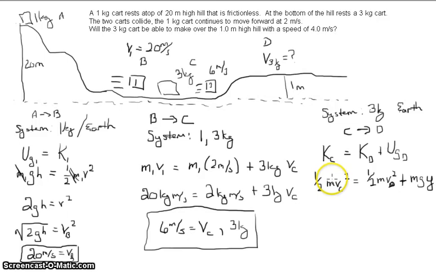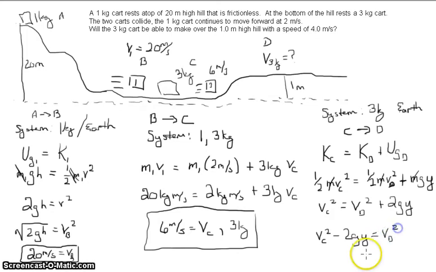All right, each term has mass in it, so we can divide all these out. If I multiply the whole thing by 2, I get vC squared is equal to vD squared plus 2gy. We need to solve for the velocity at D, so vC squared minus 2gy is equal to vD squared. All right, time for a calculation.